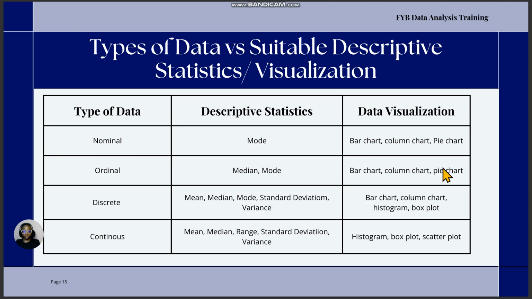You can also use box plot charts, which is not in this slide. You can check online for how that looks and how to interpret a box plot. For continuous data, which is also numerical data, you can find the mean, median, range, standard deviation, and variance. Then you can use a histogram, box plot, or scatter plot to visualize continuous data.